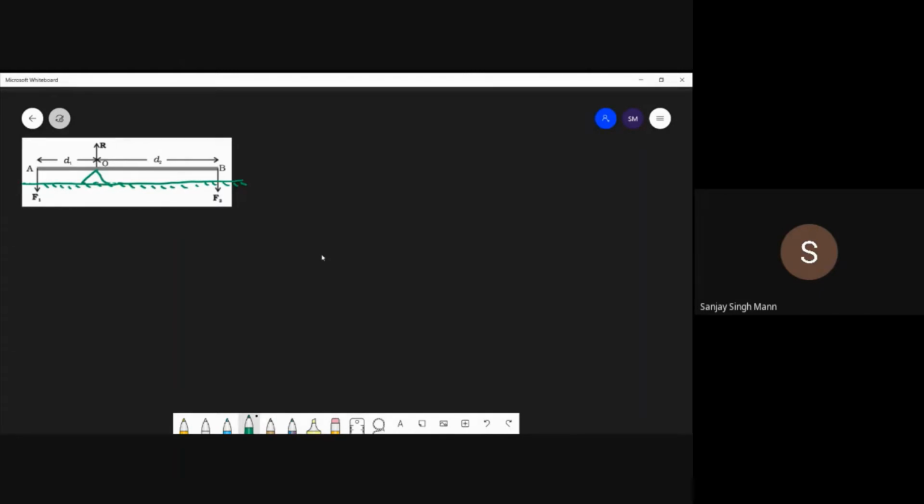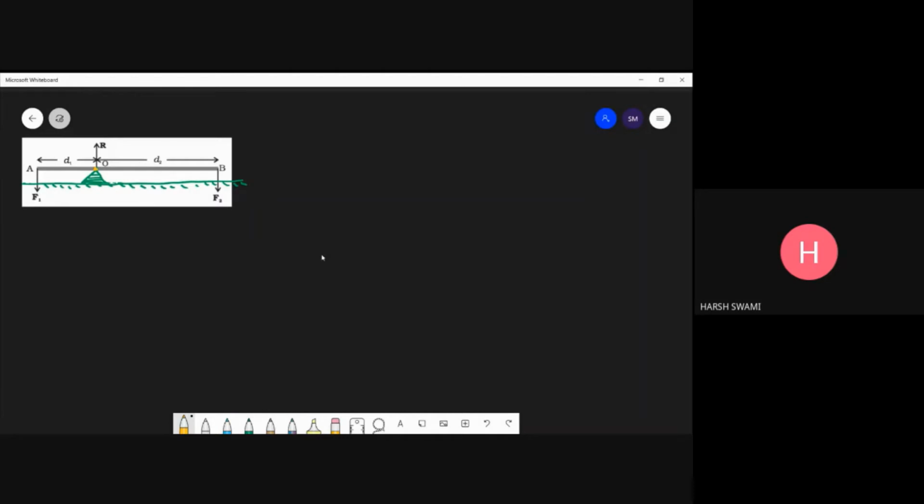What do I call this point where the support is touching this rod?